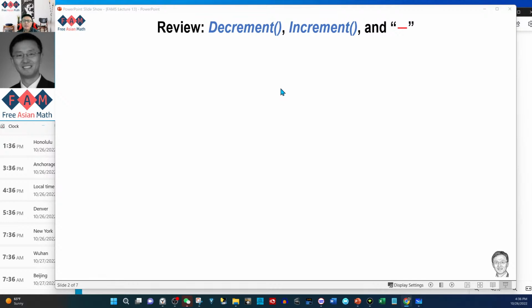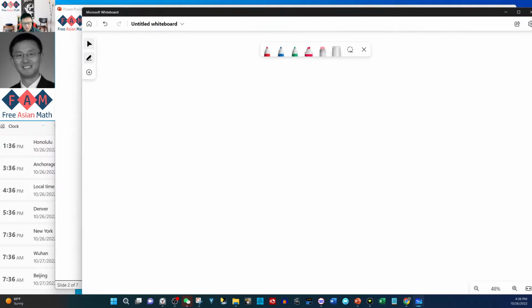Now we introduce the important concept of negation. Because we have already properly defined what the negative integers are, which is essentially based on the decrement operation starting at 0, right?